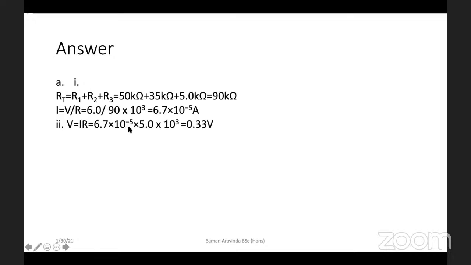Part B is the difficult part. State and explain what happens to the reading on the voltmeter if the intensity of light incident on the LDR increases.